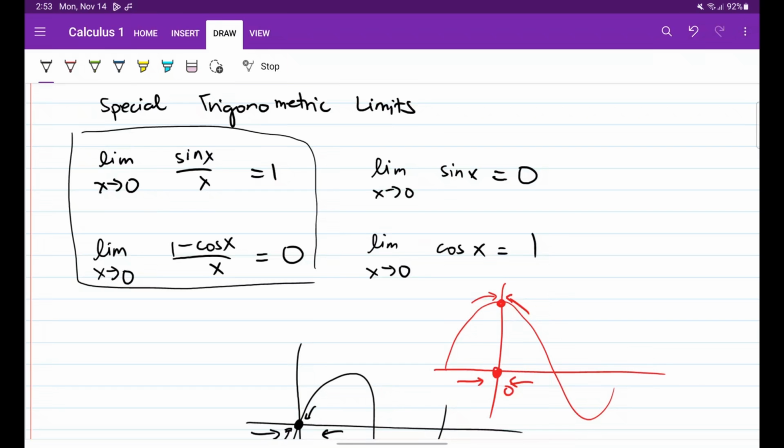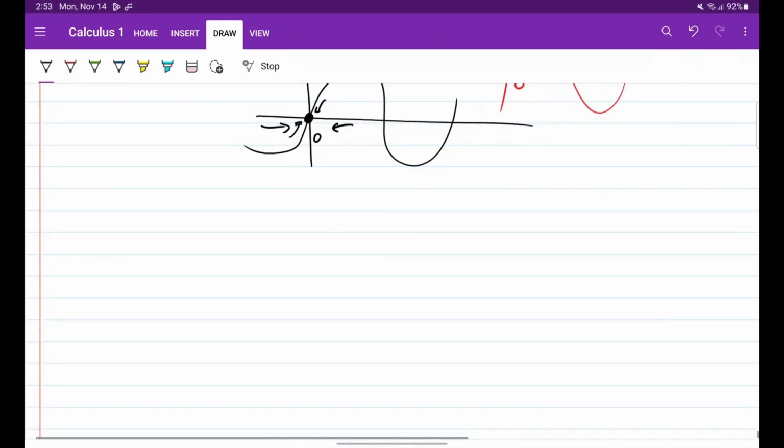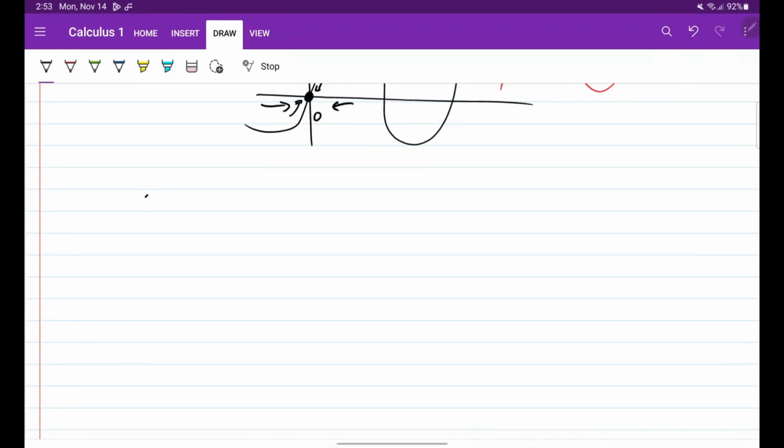Okay? And papakita ko lang kung paano natin to ginagamit. No? So, for example, we have a relatively complex function, let's say limit as x approaches 0 ng sin 3x all over sin 5x. So, paano natin gagamitin yung idea natin ng special trigonometric limits dito? No?